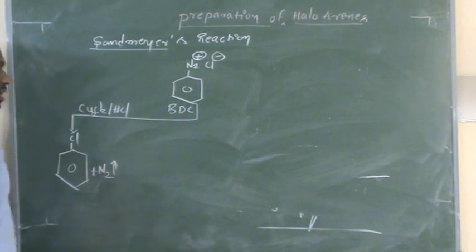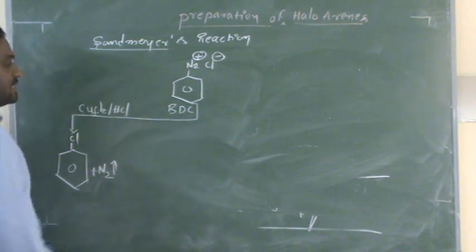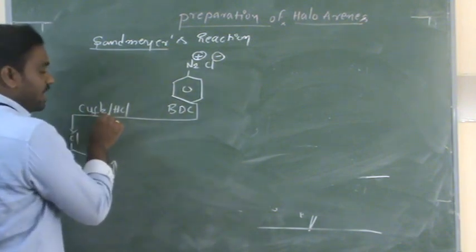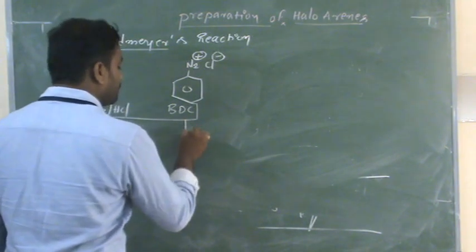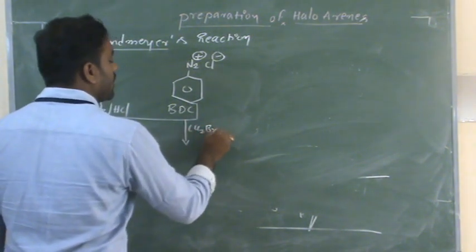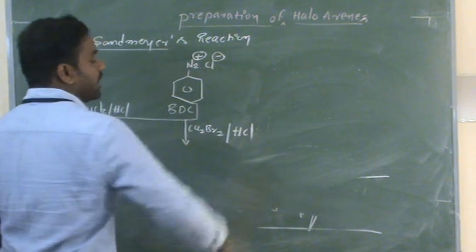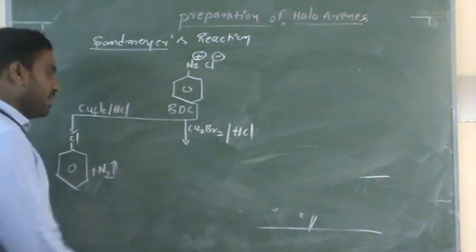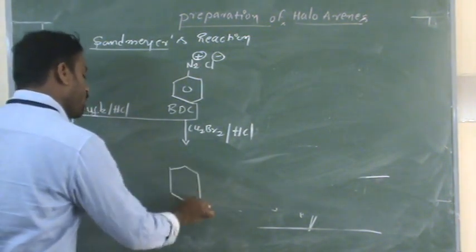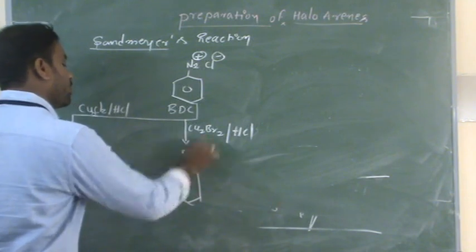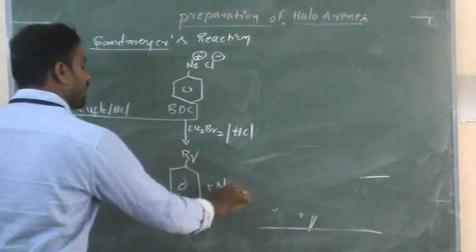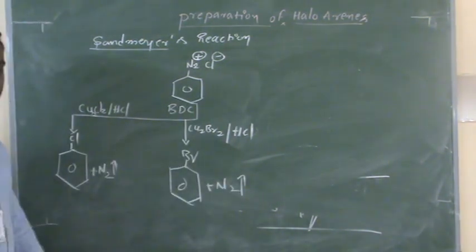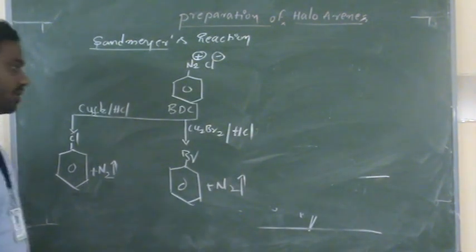nitrogen gas evolving. Suppose instead of Cu2Cl2, we use Cu2Br2 and HCl, you get bromobenzene, and as well evolving of nitrogen gas.